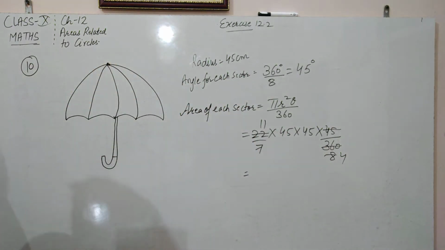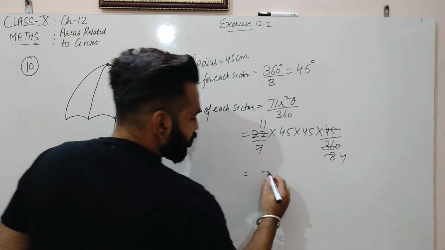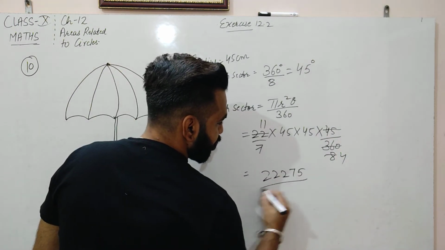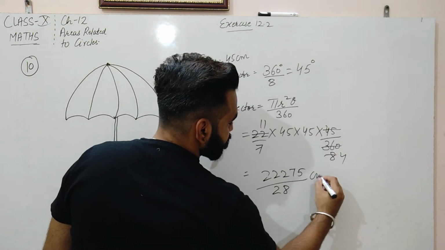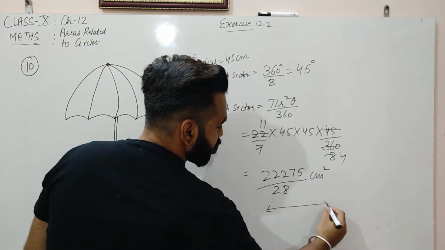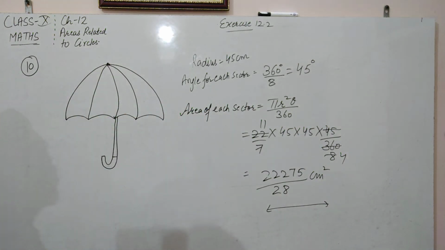So we need to simplify our answer now. So the answer will be equal to 2275 divided by 28 centimeter square. So this will be the area for each sector of umbrella.